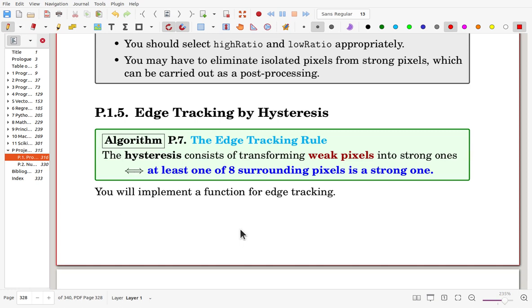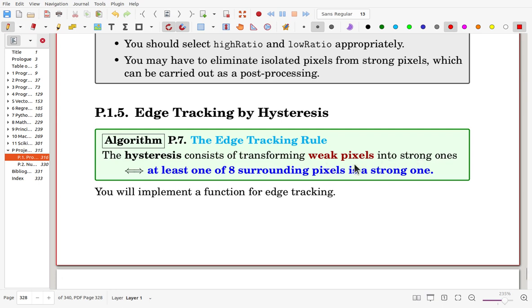Okay, the final step, edge tracking by hysteresis. Here we have the edge tracking rule. In this step, some of the weak pixels will be now transformed into strong ones. That is hysteresis. So here, now we'll try to read the rule. The hysteresis consists of transforming weak pixels into strong ones.